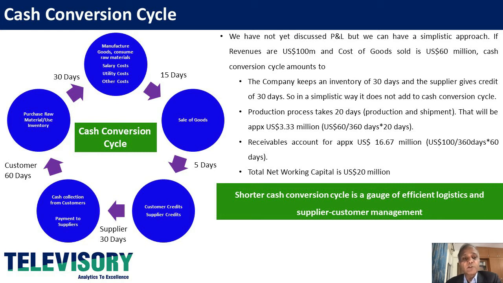The customer repayment cycle here is 60 days, so that's 2 months of sales. And in this example, that amount of net working capital comes to $20 million.